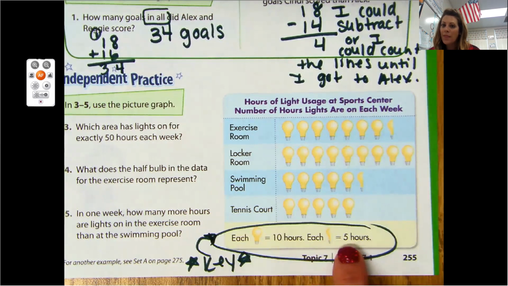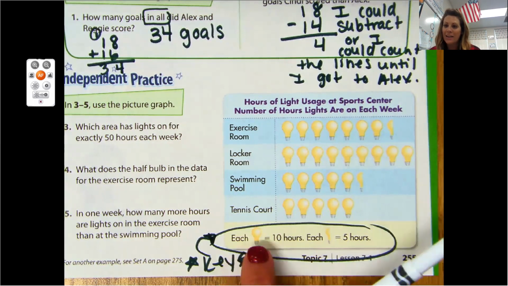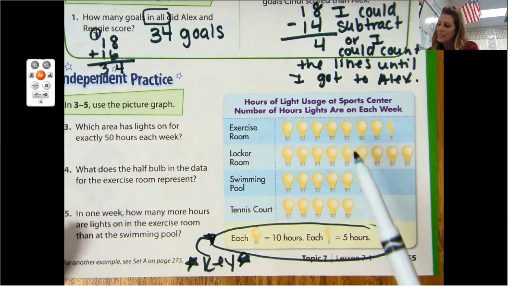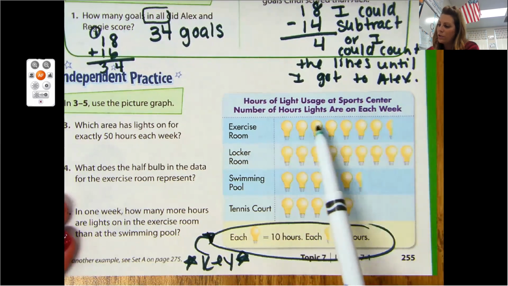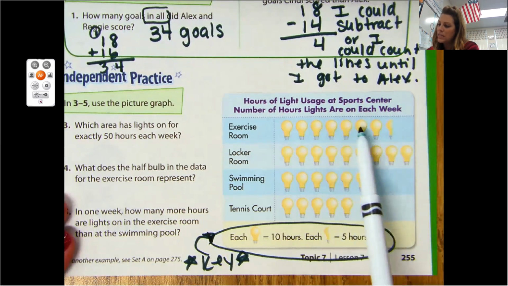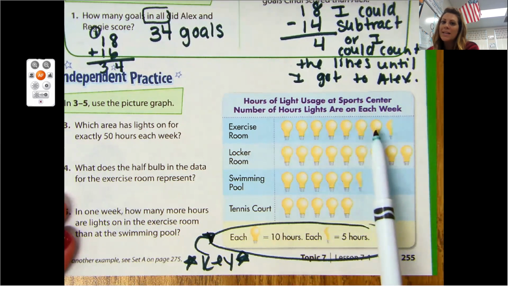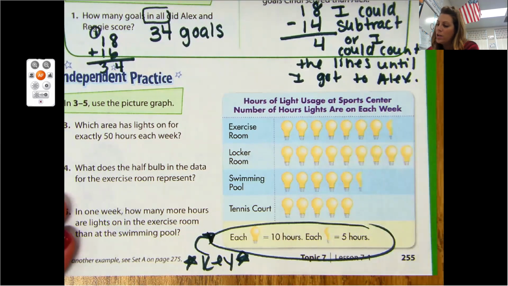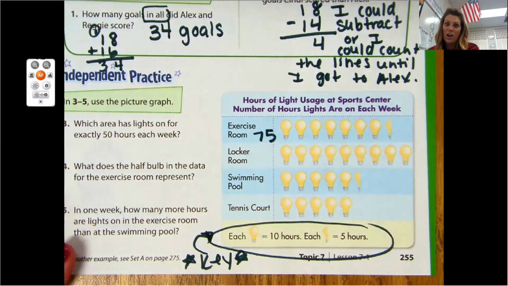There are some that are a half of a light bulb. Well, what's half of 10? 5, right? So let's count by 10s. 10, 20, 30, 40, 50, 60, 70. But now we have to add 5 more. So the exercise room has 75 hours that they are on.